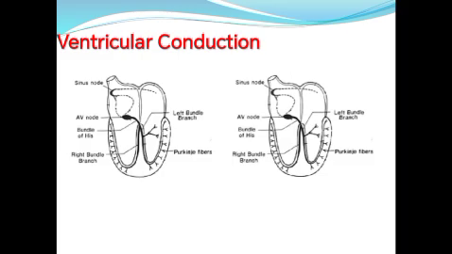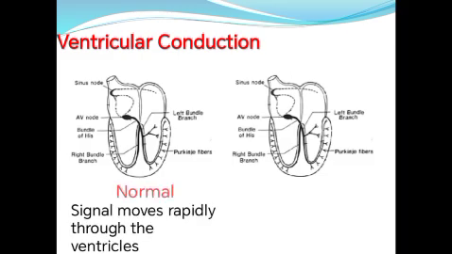Again, with normal ventricular conduction, the electrical impulse comes through the normal conductive system, and so it moves rapidly through this system. You see here, this is a normal conduction.